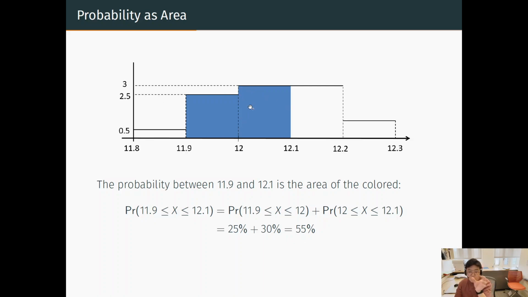When you see, even if the widths are the same, still the height determines the probability on that interval. Where the function has a higher value, there is more probability. The function value is low here, that means it's not likely to happen here.